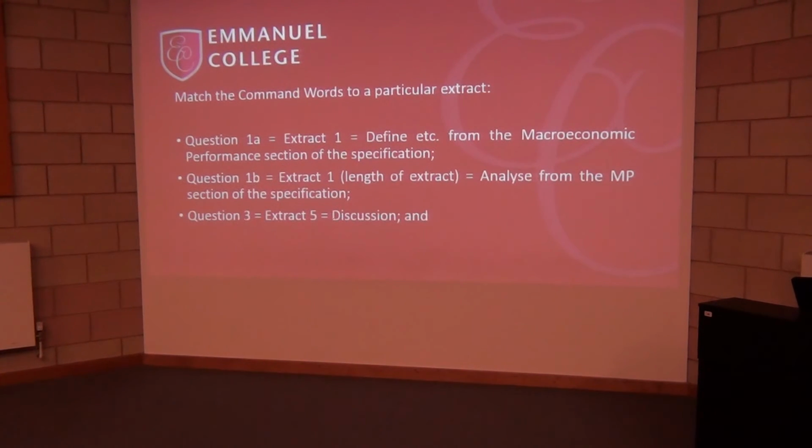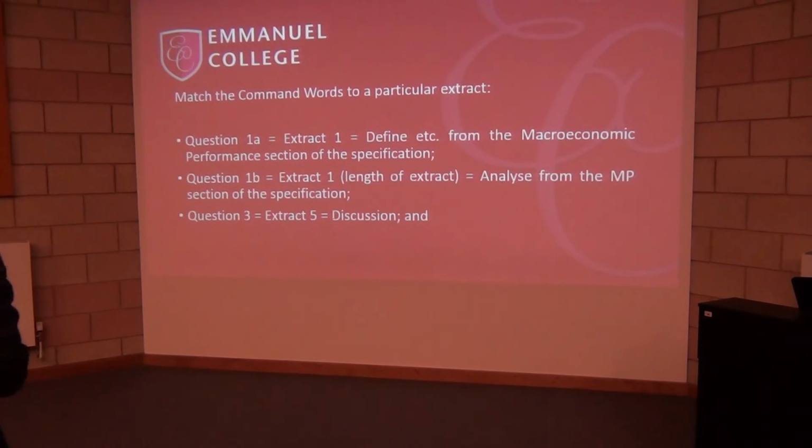And then lastly, I like to work to the end. So if you go from 1A to 1B, so you know what the first 2 questions are, you know that the very last question is going to be the essay on extract 5. And then what you need to do is work backwards from extract 5, question 3. So what comes before question 3?